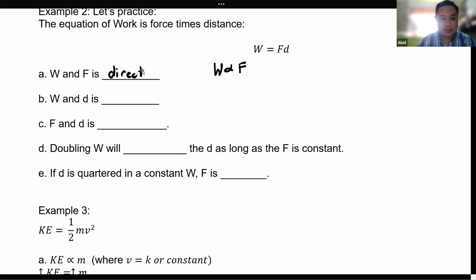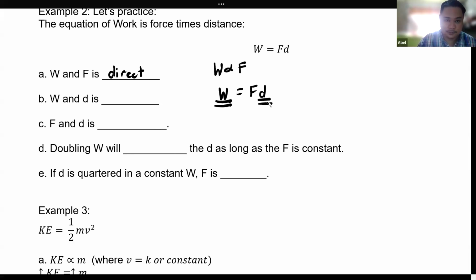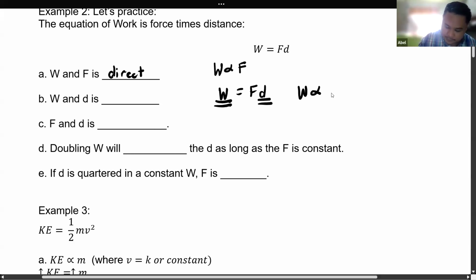Now, how about W and D? If you look here, W is equal to FD. They are both in the numerator. So work is directly proportional to D, provided that the force is constant.